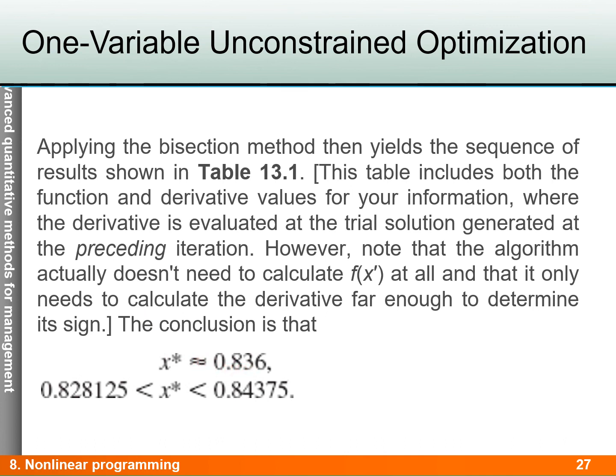As you remember, we started with 1 and now we find 0.836, and we started from the interval 0 to 2. As you see here, we make it smaller and smaller, so that this x star clearly fits between our lower bound and our upper bound. Let's review the last slide.